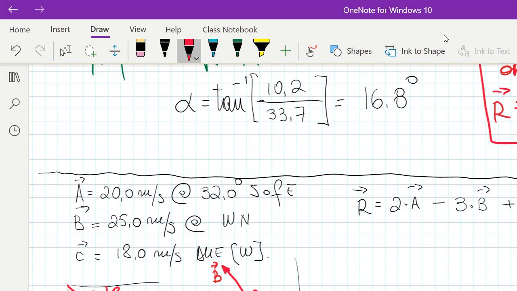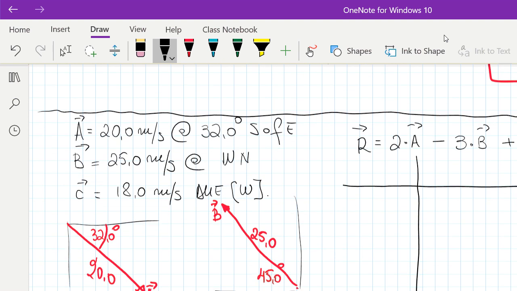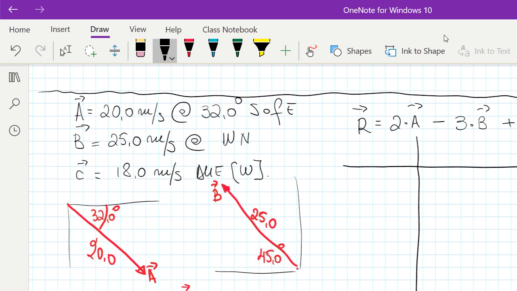So now we create a table, and the table consists of 3 columns. The first one is dealing with vectors. The second one is the horizontal components. And the third one is vertical components. You can go vertical, horizontal, it doesn't really matter.